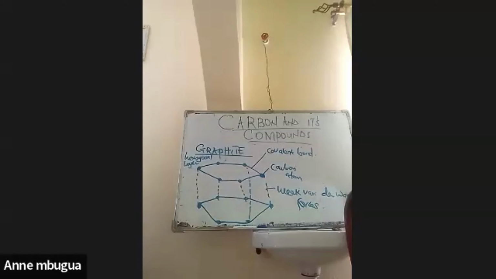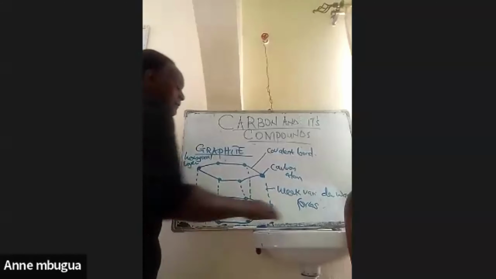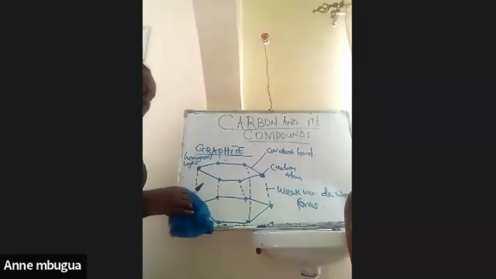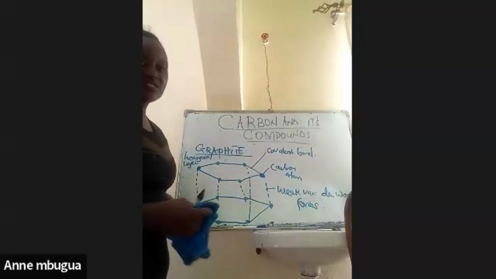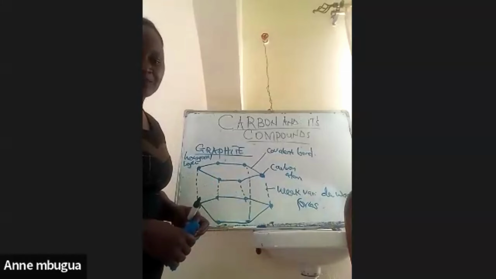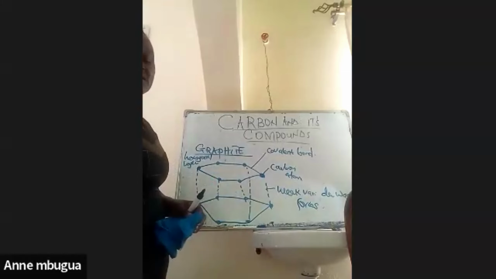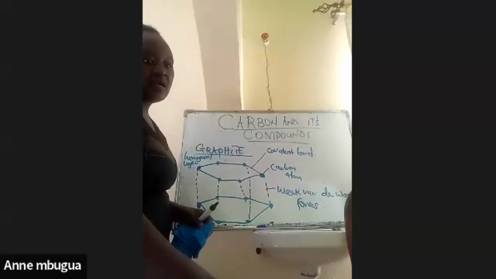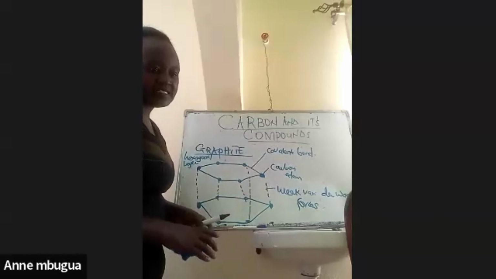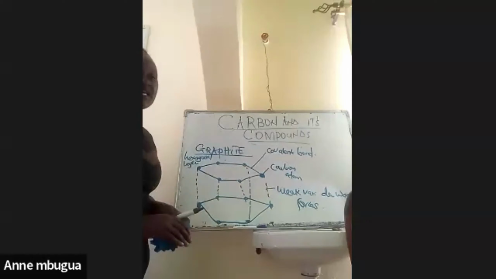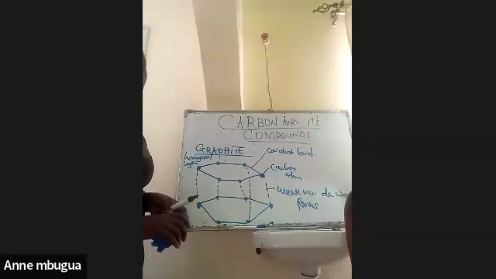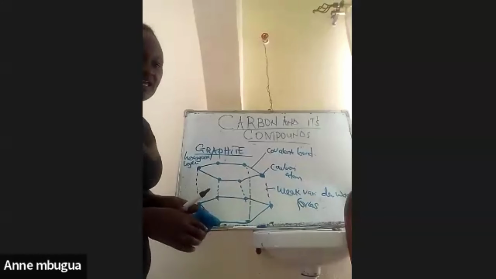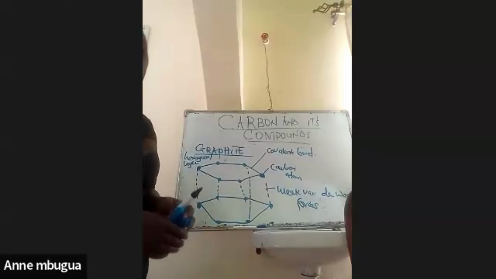So we discuss the properties of graphite. You can see that we are having 3 carbon atoms covalently bonding to one another. This means that out of the 4 valency electrons, only 3 are used to form the covalent bonds.